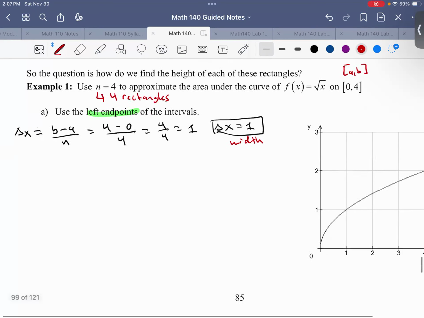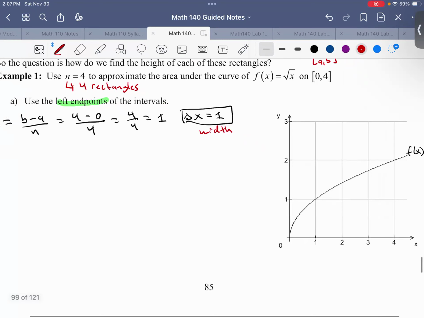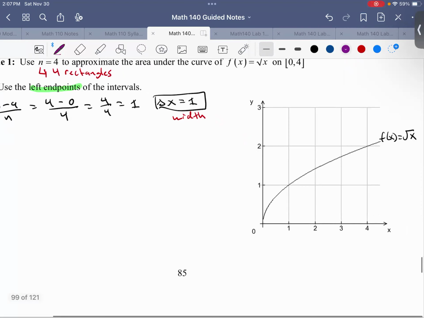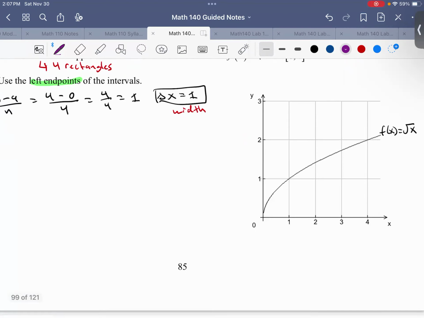Since delta x is 1, that's our width. Let's jump to the graph and build out our rectangles. On this graph, I'm going to go by 1 until we get to 4. So here's a delta x, and that's a width of 1. Here's a delta x from 2 to 3, and then from 3 to 4, that's a delta x.